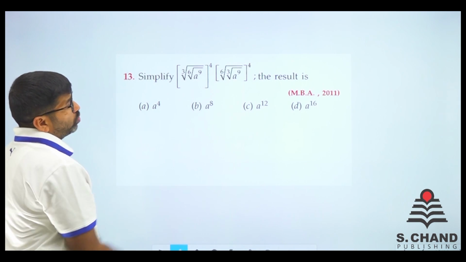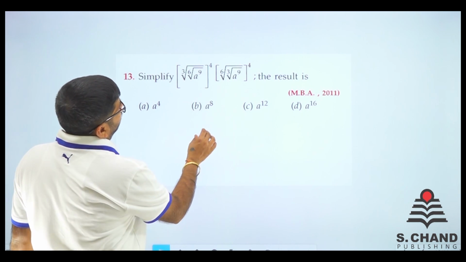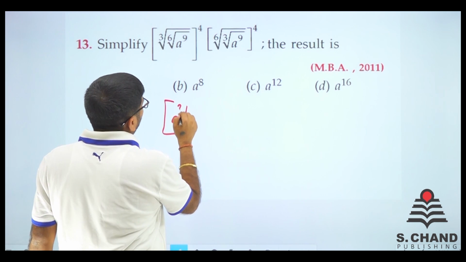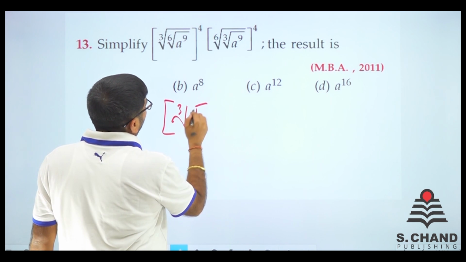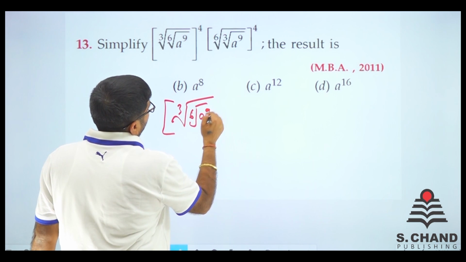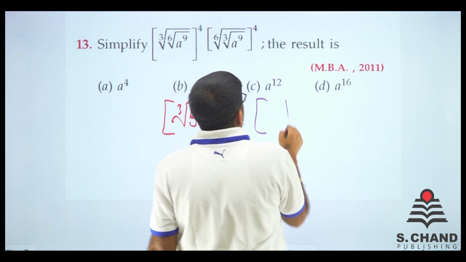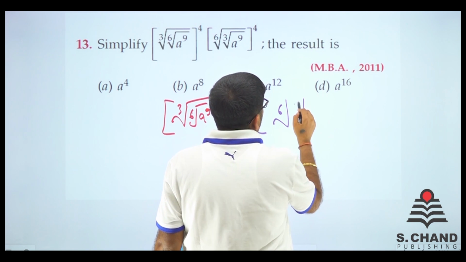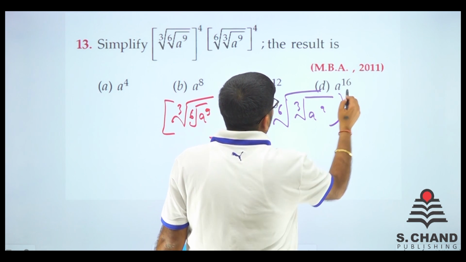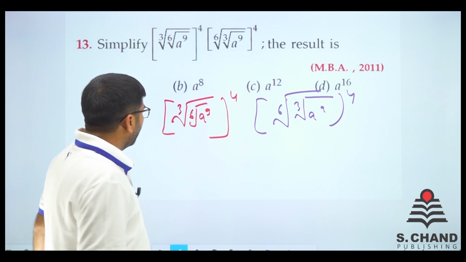That is MBA 2011 question. Simplify this. Cube root of 6th root of a raised to power 9, raised to power 4, and the 6th root of the cube root of a raised to power 9, raised to power 4. I think they are almost similar, right?